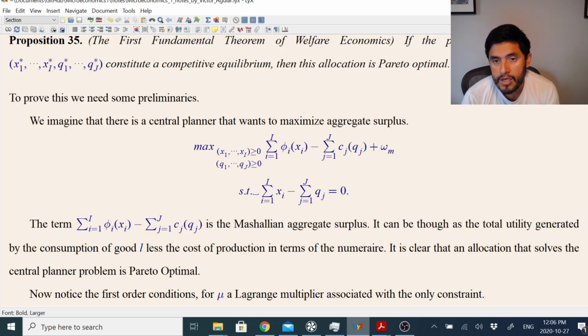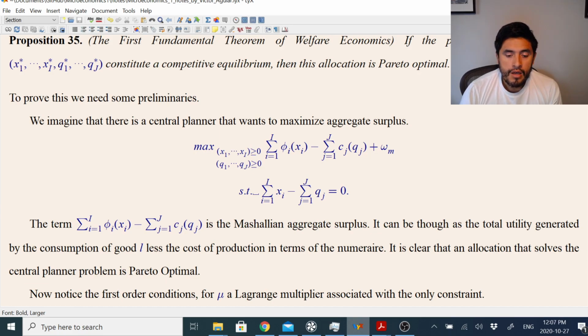Any other allocation won't be maximizing the surplus. If you are not a solution to this problem, then there will be some surplus to be created, and therefore some individual can improve. So a solution to this problem has to be Pareto optimal.